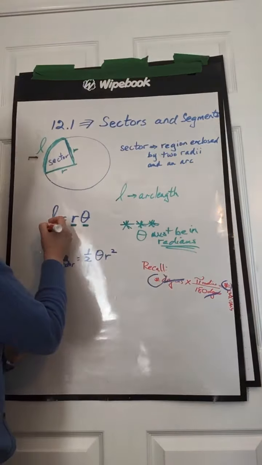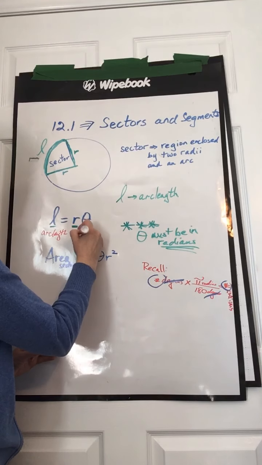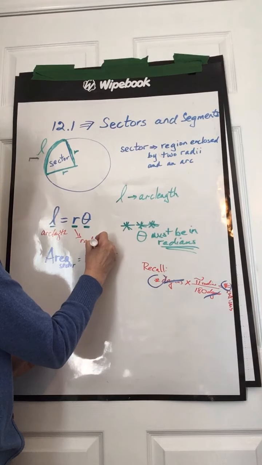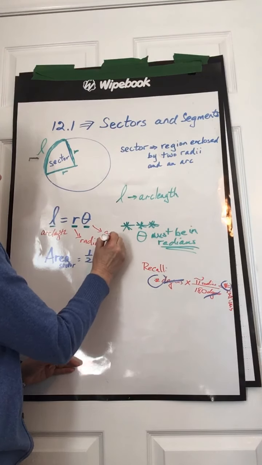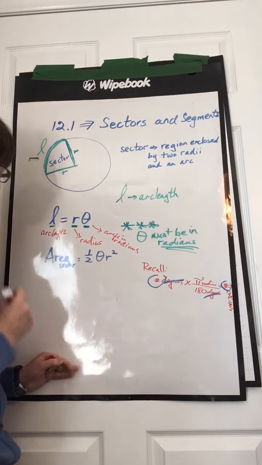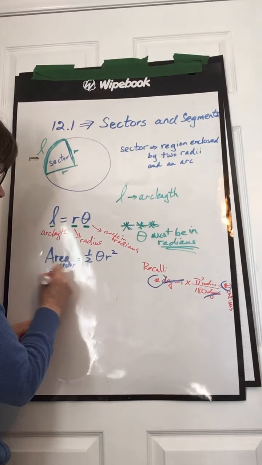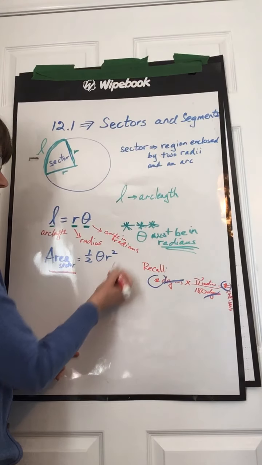All right, so two formulas. Arc length: L is arc length, r is the radius, so the length of the radius, and theta is the angle in radian measure. Similarly, we can figure out the area of a sector using this formula, one half theta r squared.